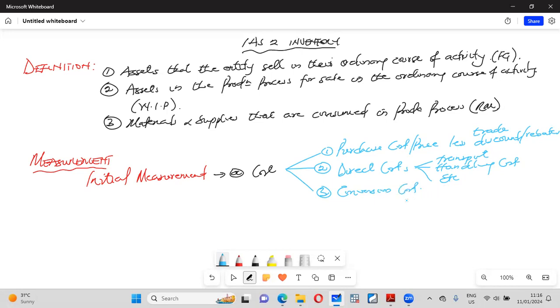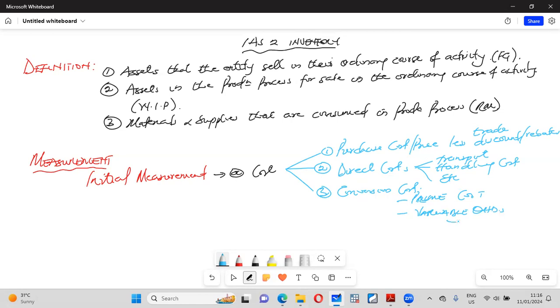You need your prime cost, because you are producing the thing. You will need some portions of overheads. So we talk about variable overheads and production overheads. So that is that.